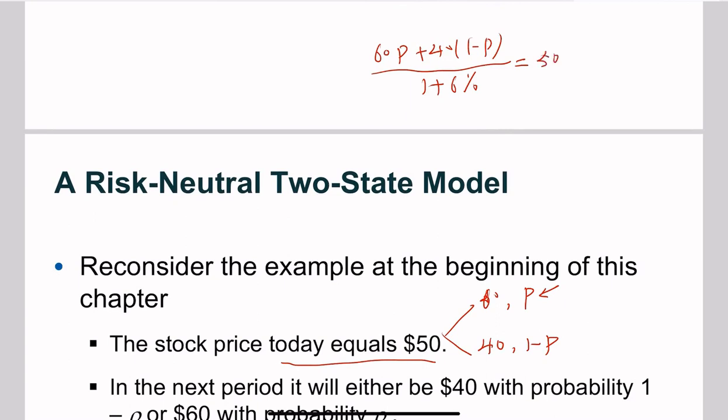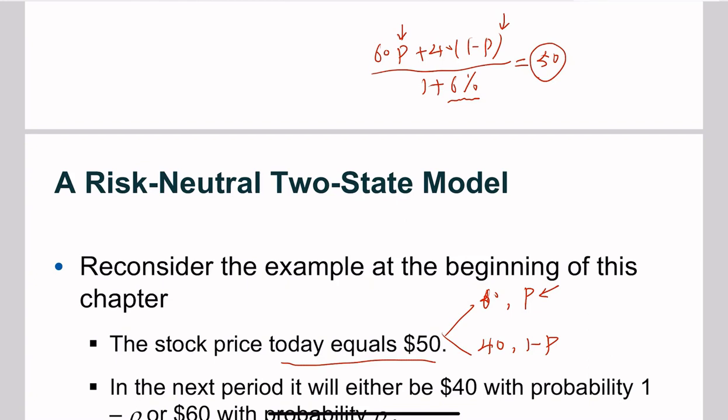Right? So now you can see the idea here, right? We're discounting this risky asset using the risk-free rate, so we have to use risk-neutral probabilities. When you have risk-neutral probabilities in the numerator and the risk-free rate in the denominator, you will in the end get a correct discounted value.